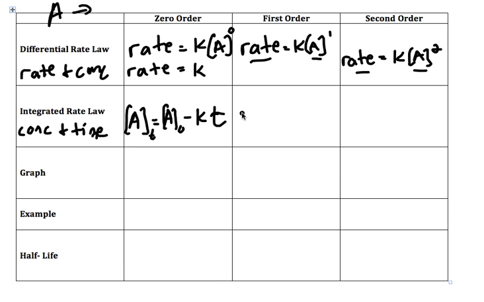If I integrate the first order reaction, I get the natural log of A, again at time t. I don't need to write that, and that's not how you'll see it on your green sheet, but I'm going to go ahead and write it for now. And that's equal to negative kt plus the ln of A naught, naught being time 0.